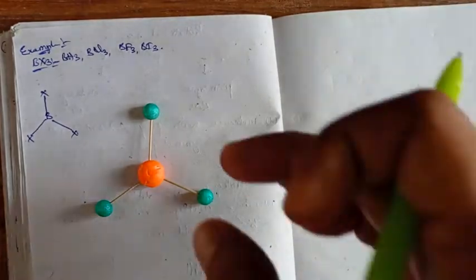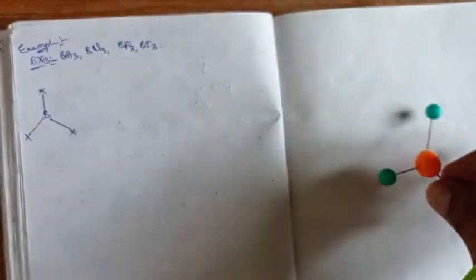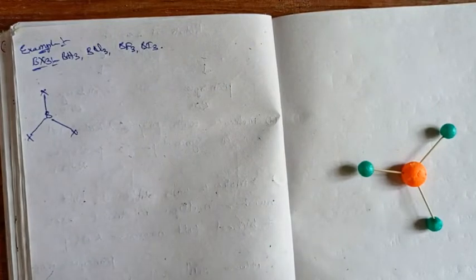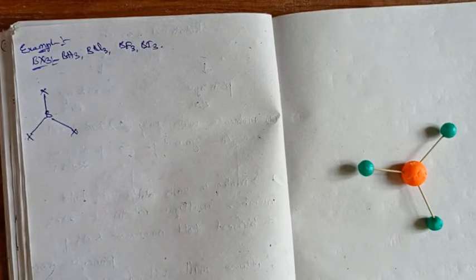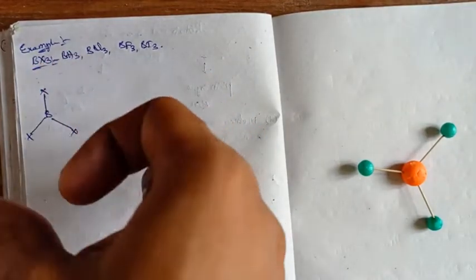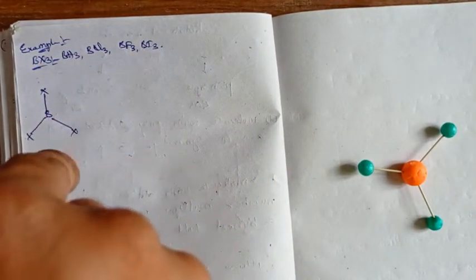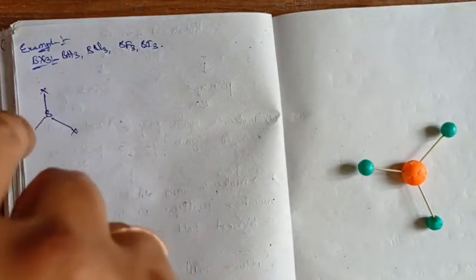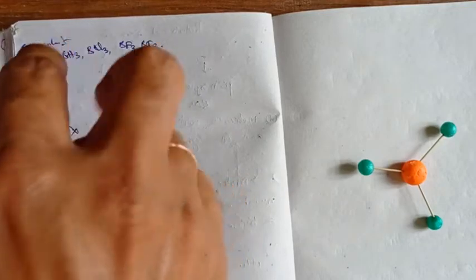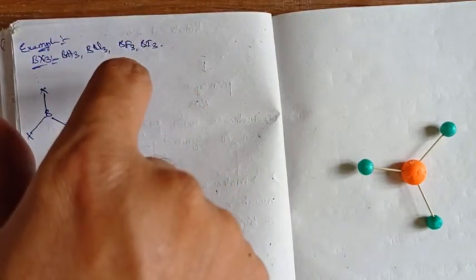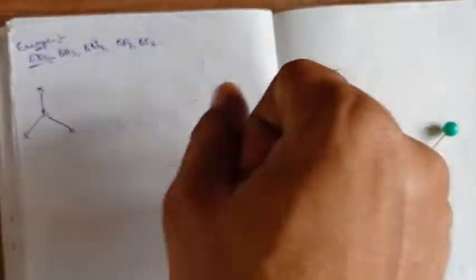Here we have to apply an imaginary axis and do a certain angle of rotation. If it generates an equivalent configuration, it would be a rotational axis of symmetry. So here we have to observe what type of axis, in what orientation, and what angle we have to rotate.